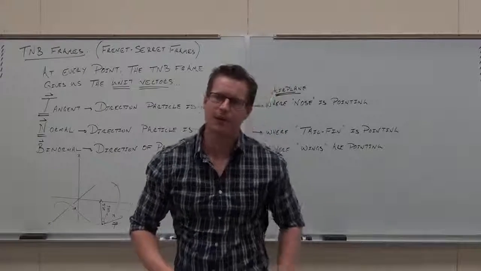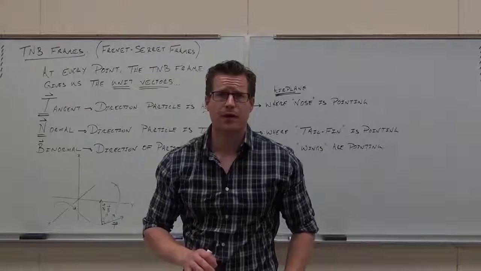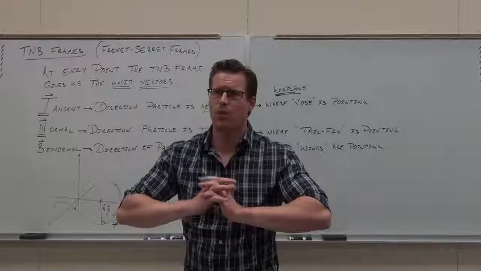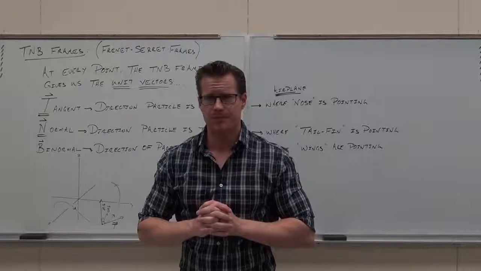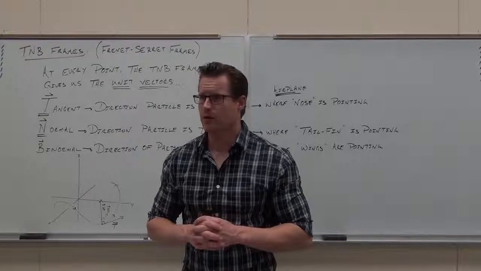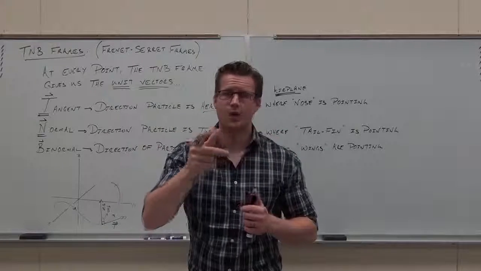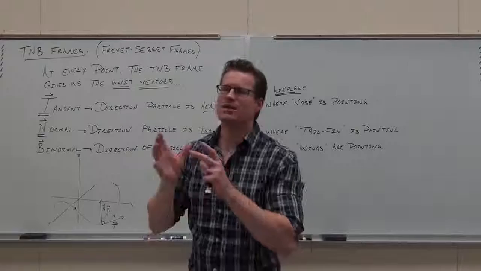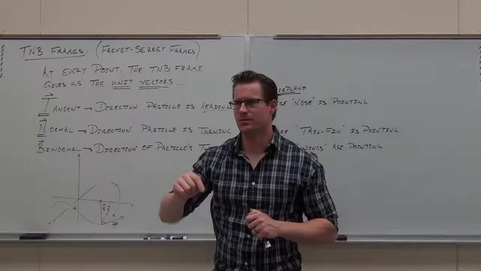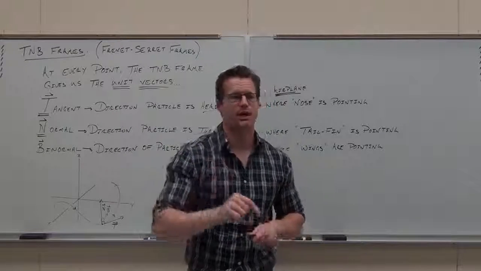Just please keep in mind what they are. Please keep in mind the idea behind it. Don't just do the math for the sake of math. Tell me something about these three vectors. What are they in relation to each other? Mutually orthogonal. They are just like IJK. They're just moving through space. That's what they represent. What's the length of every single one of these vectors? Does that ever change for T, N, and B? No. So those vectors have a constant length. They have a length of 1. We're going to use that in a minute.